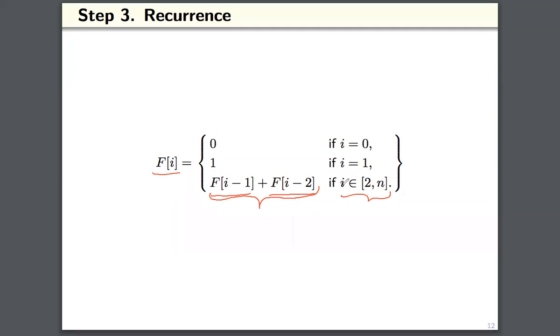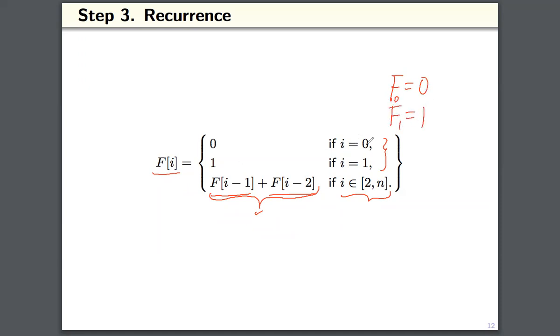So you cannot have i equal to 1 and call this recursive function. Why? Because you need to have two base cases. The base cases are i equal to 0 and i equal to 1. That means you know that f0 is 0, f1 is 1.